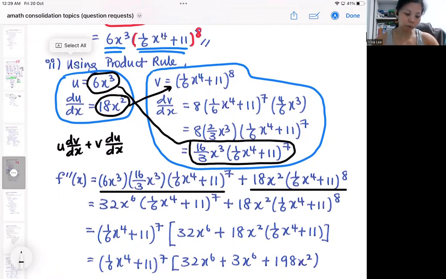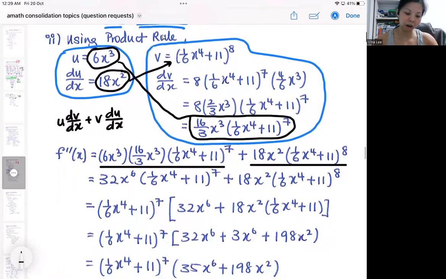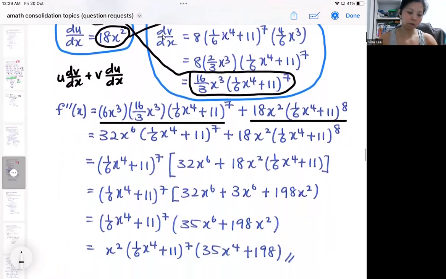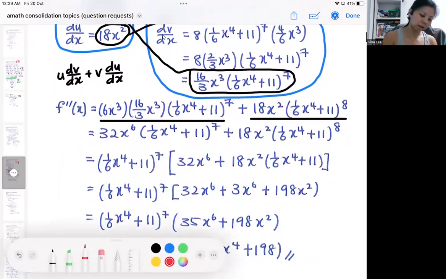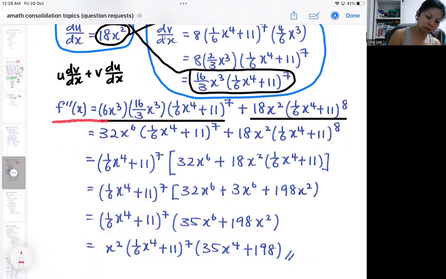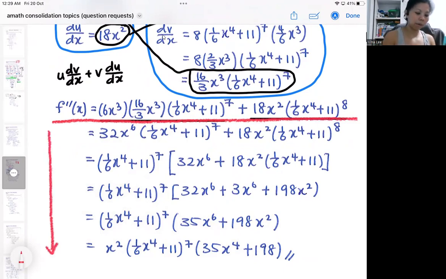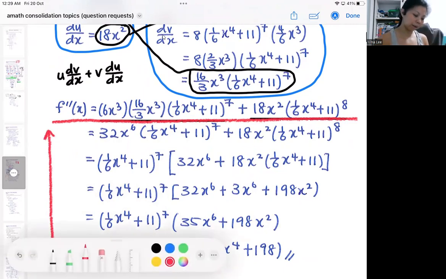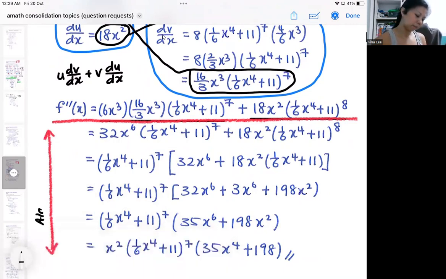It could be due to your technique of picking up common factors. The rest is just algebra. So if you can form your dy/dx at this stage, your second derivative at this stage, your differentiation is totally completed. What remains here is your algebra technique, and your algebra technique is simply taking out common factors.